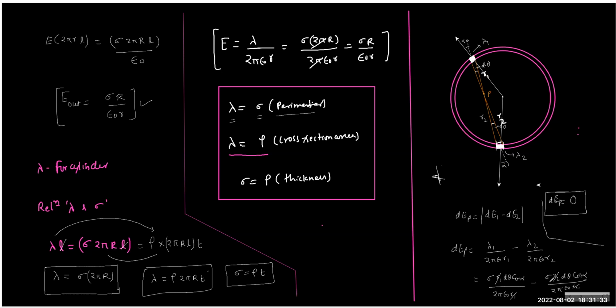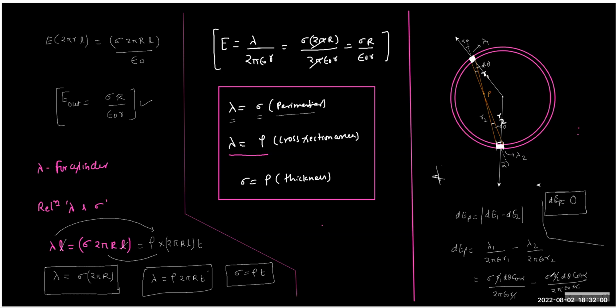Can we say that for a non-uniform cylinder it will also be zero? Can we say that if the cylinder is non-uniform, still the inside will be zero? Yes, it will be 0, for uniform or non-uniform? Both.